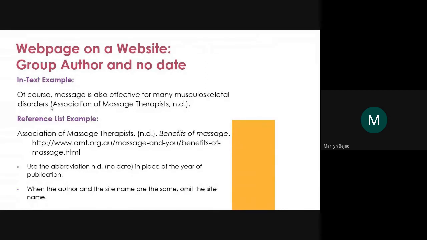Use the abbreviation n.d. for no date in place of the year of publication. When the author and the site name are the same, omit the site name.